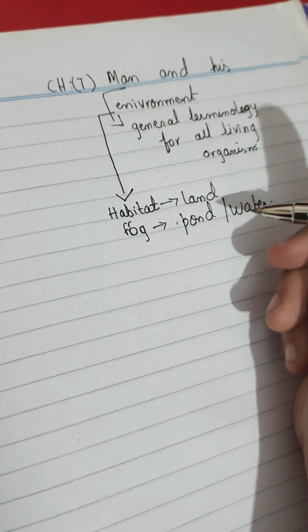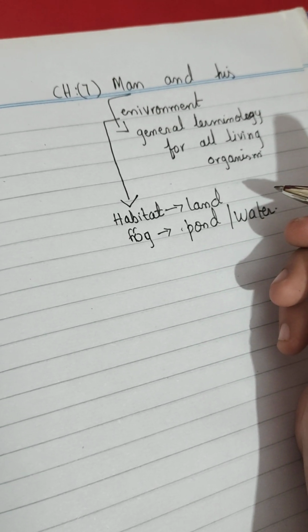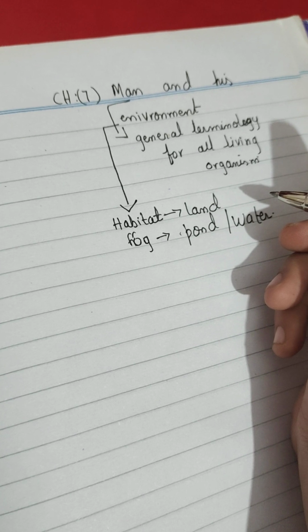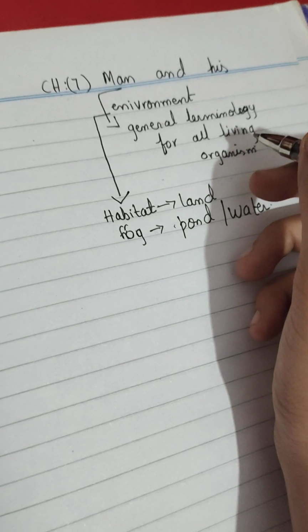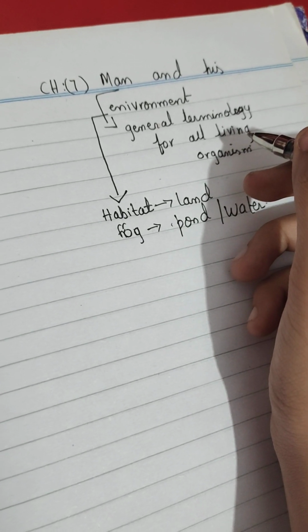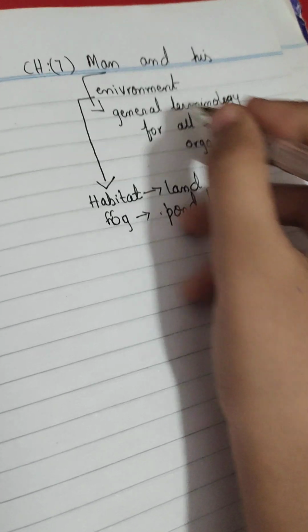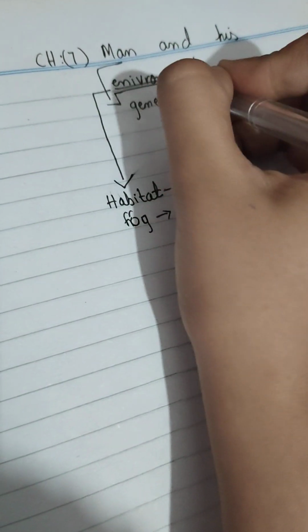So the environment where living things interbreed and interact with the non-living, or abiotic, environment is known as environment.